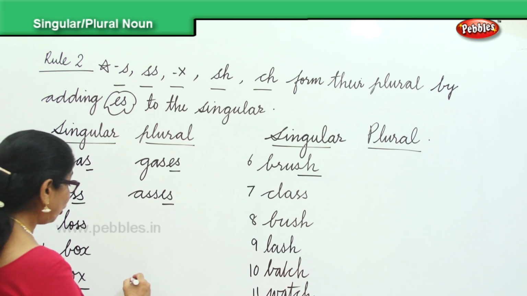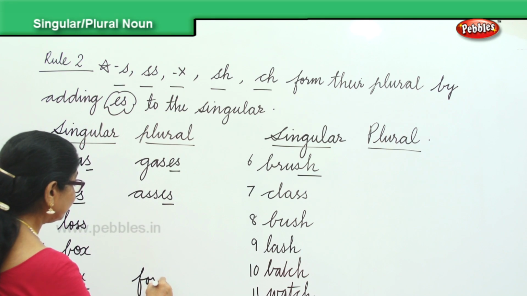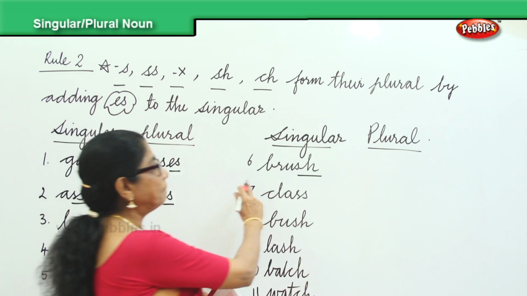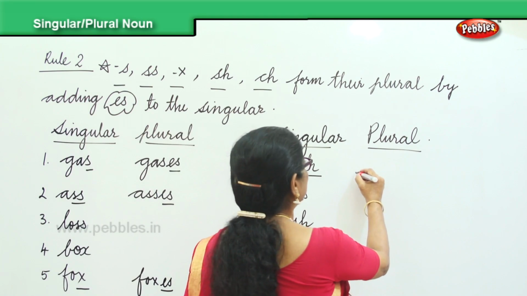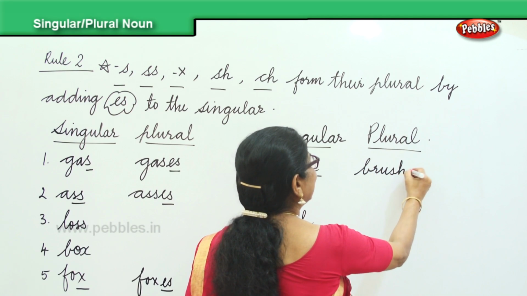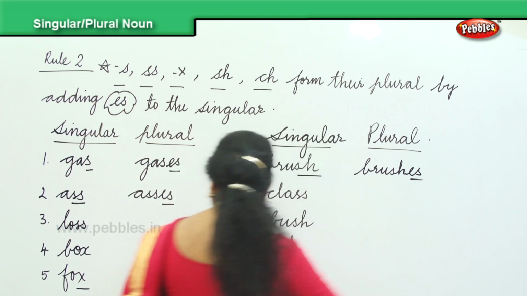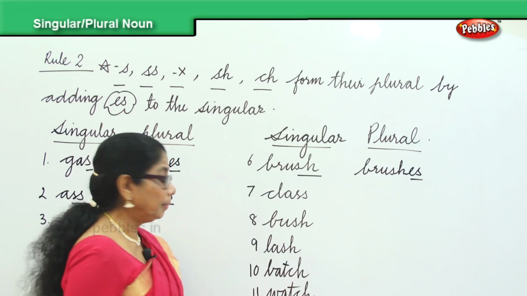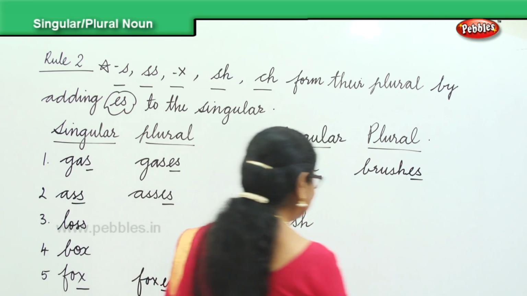What is the other one we spoke about? X. You have fox, number of fox, you will say foxes. You added es. Then you have brush, paintbrush, brushes, sh, and you add es. Then batch. Then you have watch. So let us take the watch.